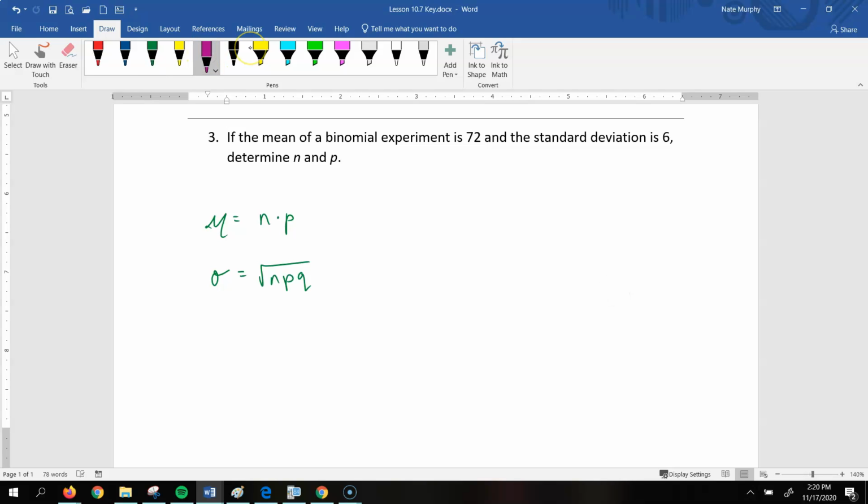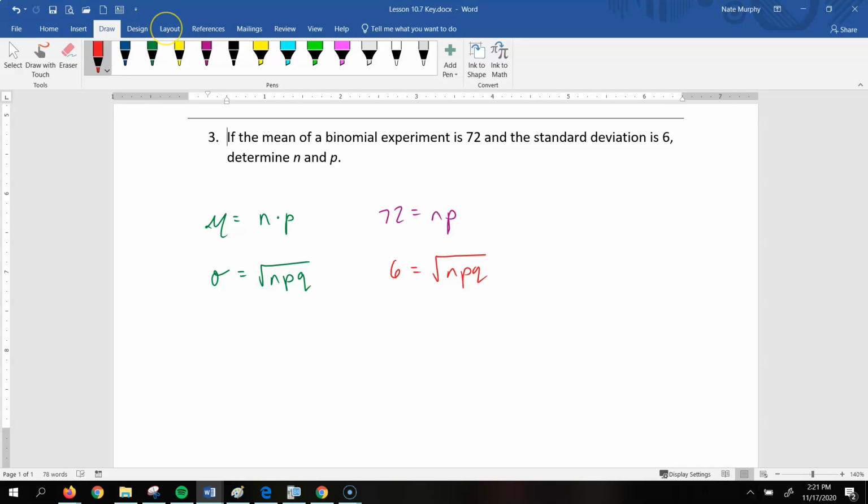From this problem, we know that the mean is 72, and the standard deviation is 6. So we have to figure out what the values of n and p are.